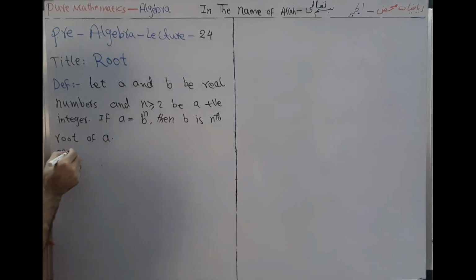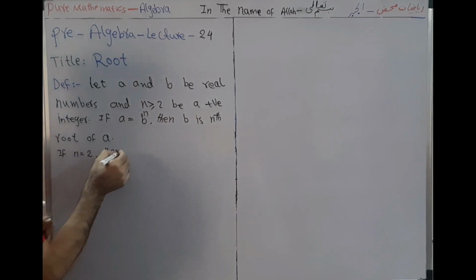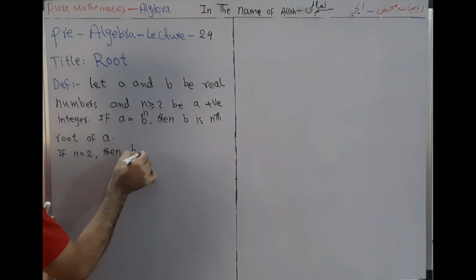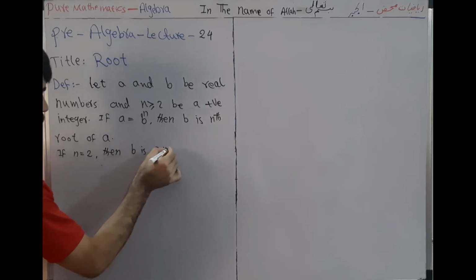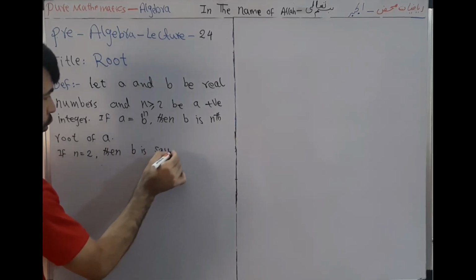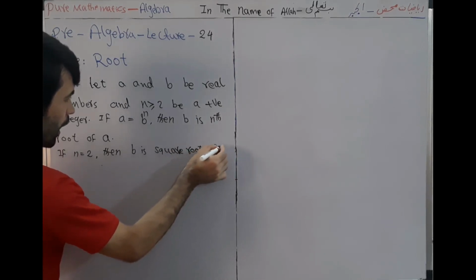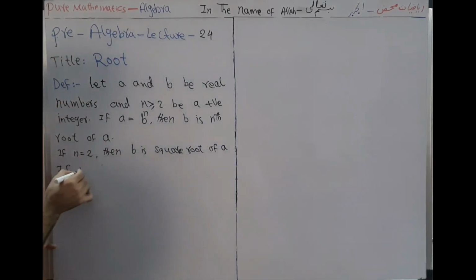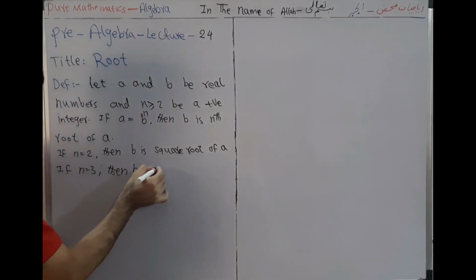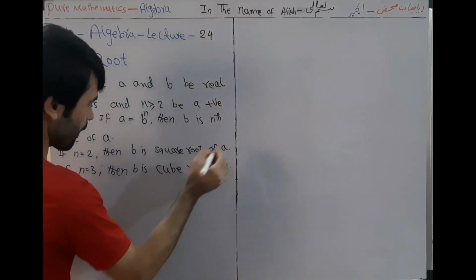If n is equal to 2, then b is the square root of a. If n is equal to 3, then b is the cube root of a.